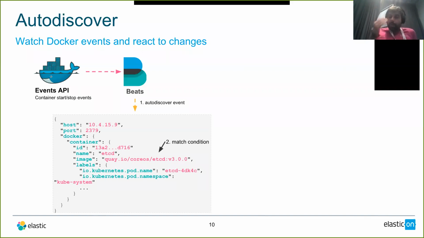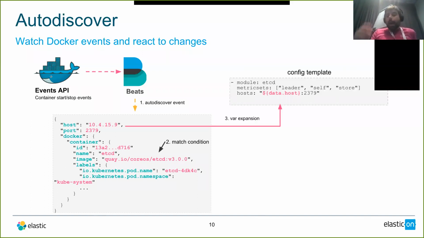Then we go to the conditions that you gave us in the config and try to match them with these events. In this case, there is a matching condition saying that the image contains etcd. So I get the config template that you gave in the Autodiscover config and do a variable expansion.